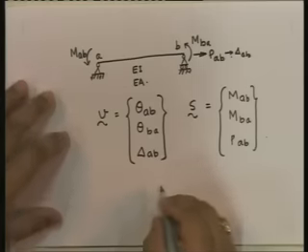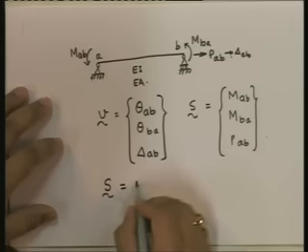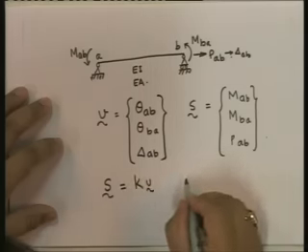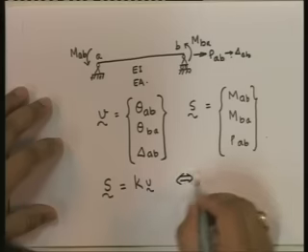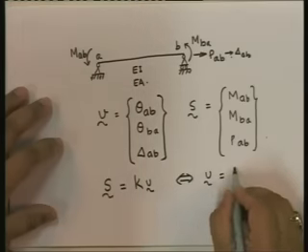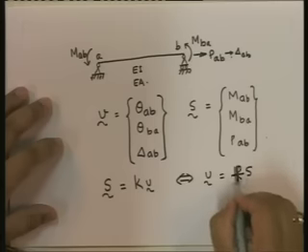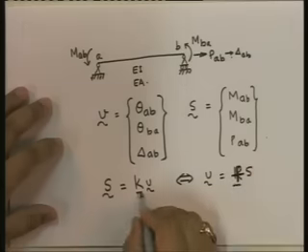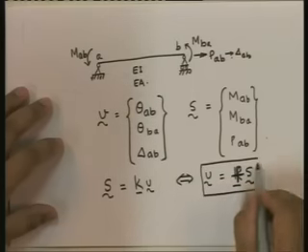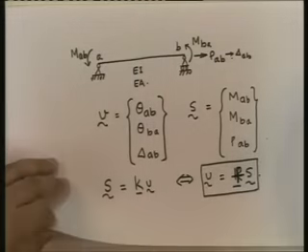Okay, and if S is equal to kV, then V is equal to flexibility times S. This is what we find out by actually going through the process.